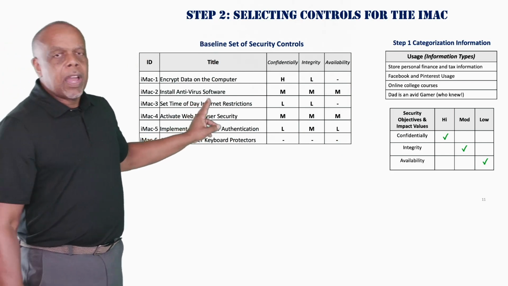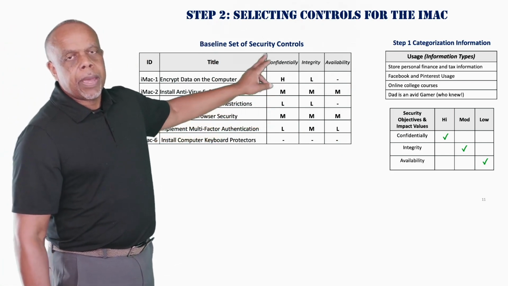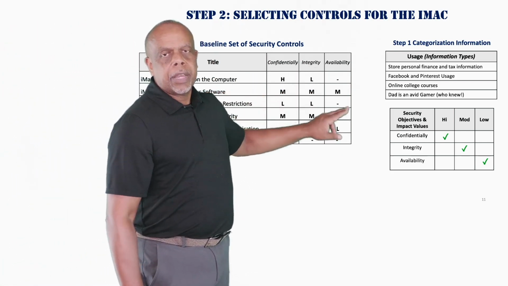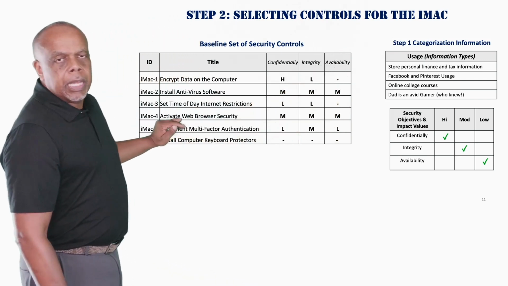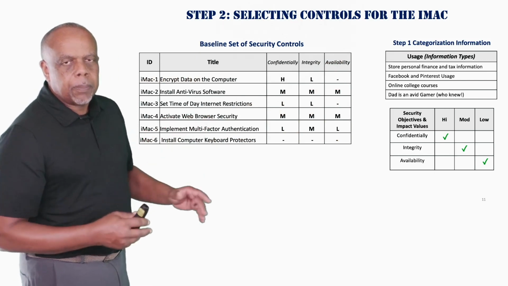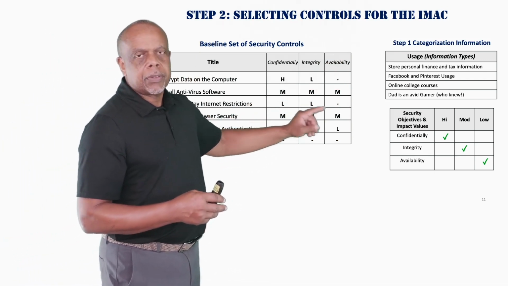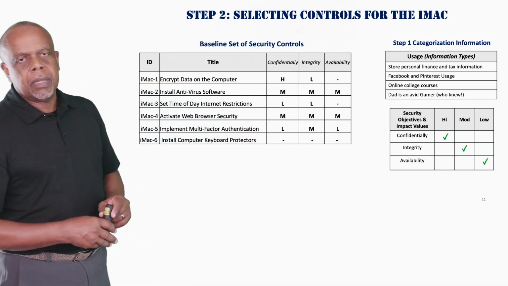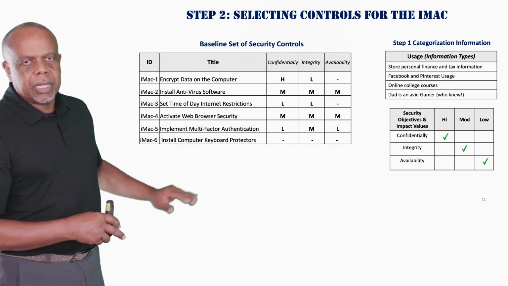If I install antivirus software, that's going to have a moderate impact on confidentiality, moderate on integrity, and moderate on availability. Time of day internet restrictions is another control they said is available so you can put in place. Confidentiality low, integrity low, availability, no impact at all.